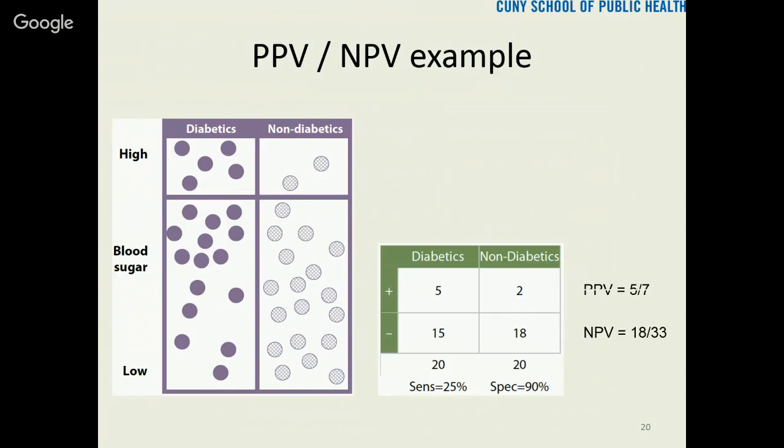So back in this example, sensitivity and specificity were in the columns here, the performance on the diabetics and the non-diabetics, whereas the PPV is the performance on those with a positive test, and the NPV is the performance on those who received the negative test. So it's the probability of being correct for those who got a positive test and probability of correctness for those with a negative test.